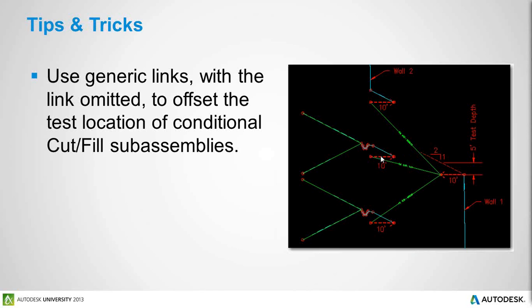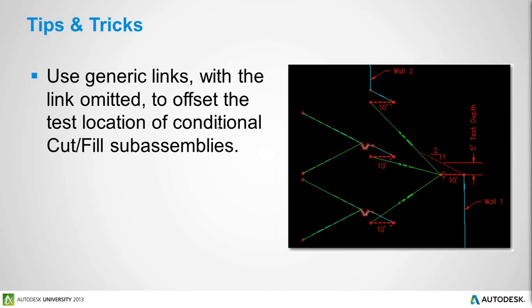And the way I do these offsets, I find it's real nice if I actually model them with generic links, subassembly type. Usually I do the width and grade. Seems to work best with a grade value of 0. And then I can either go right or left on the side, or I can do positive or negative widths on that. And I can use that to offset over.